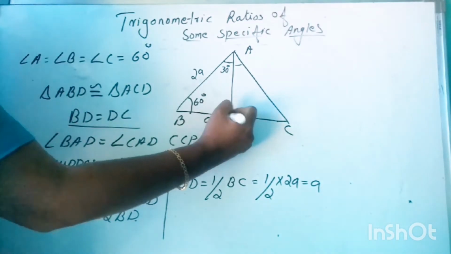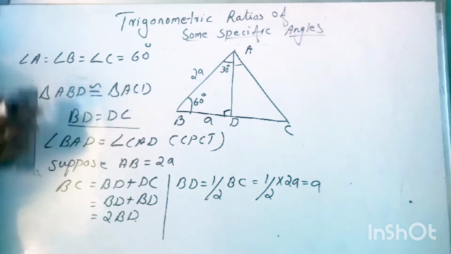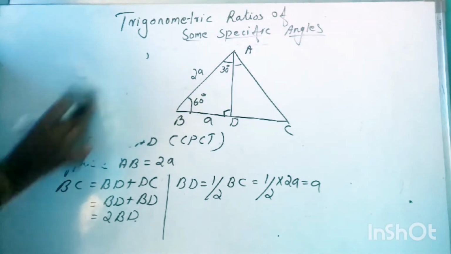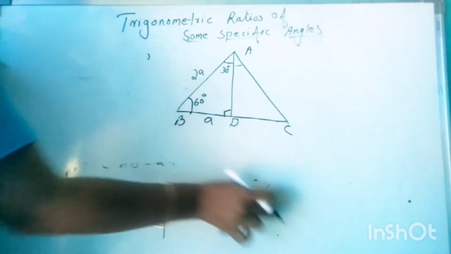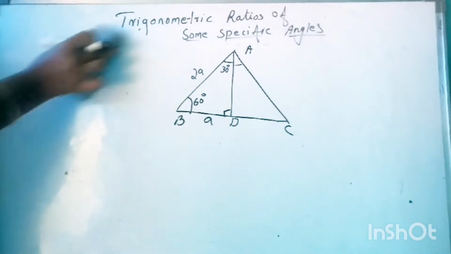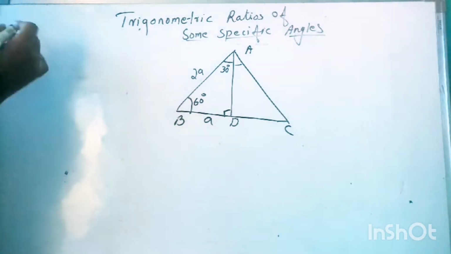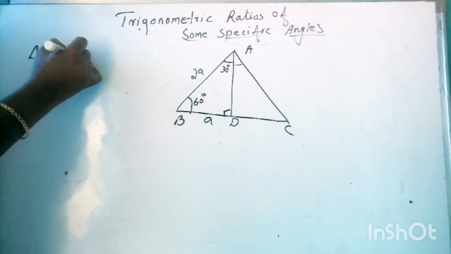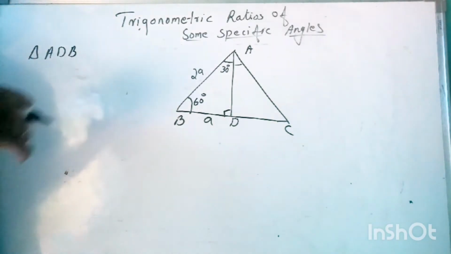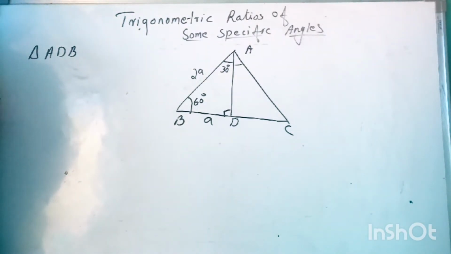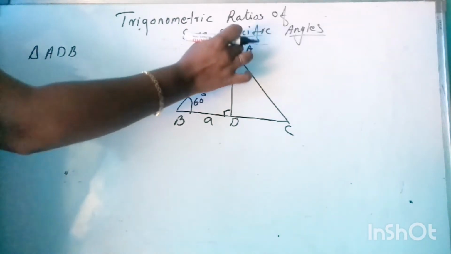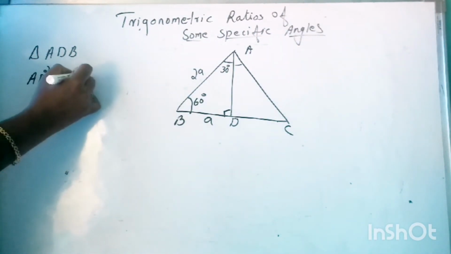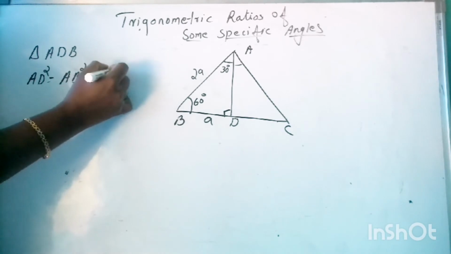Now just consider the first triangle ABD. That is a right angled triangle because AD is perpendicular to BC. We can apply the Pythagoras theorem there. We need to find AD square.